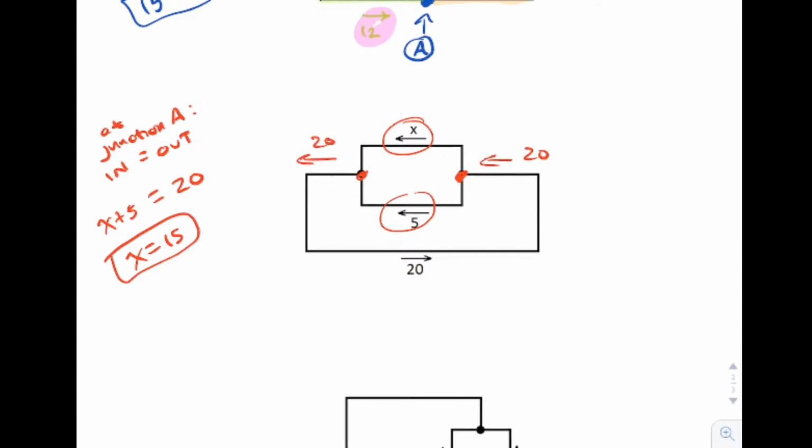Don't those 2 flows, that's a parallel arrangement, right? Don't those 2 flows have to add to 20? X and 5 must add to 20. After a while, you just start to see these things. I got 2 pipes to the left and 1 pipe to the right. So the pipe to the right is 20. The 2 pipes to the left must be 20. So if that's 5, that other one must be 15.